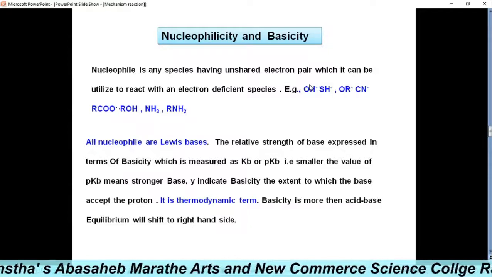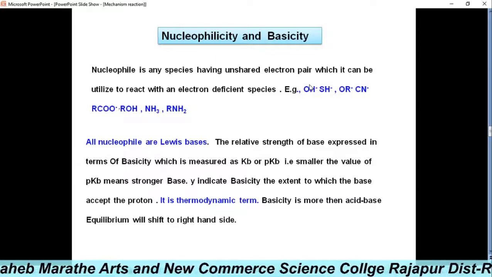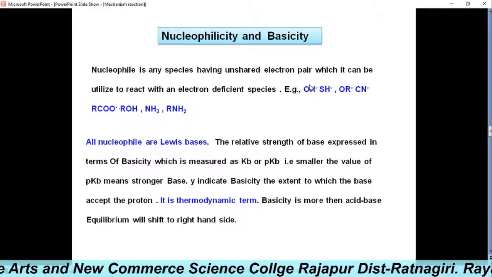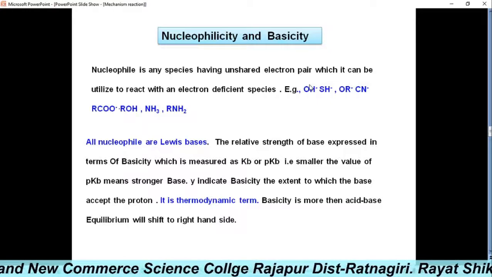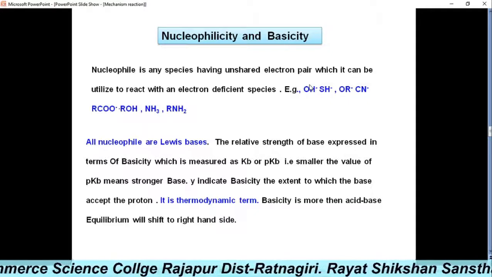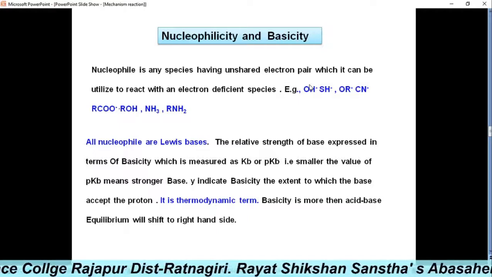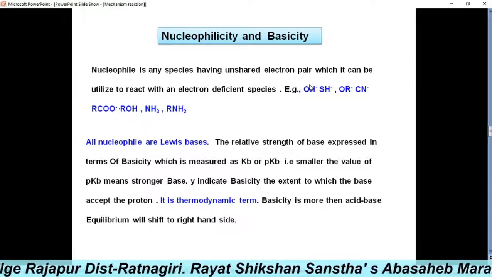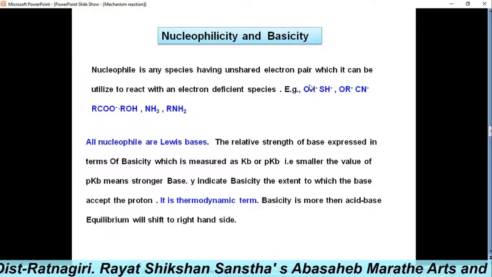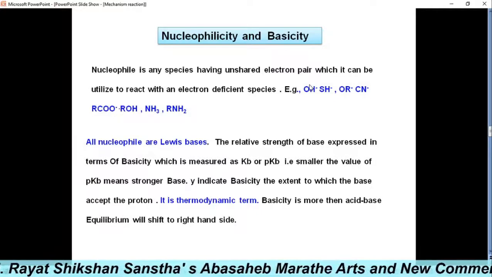We have seen the relative strength of a base, which is expressed in terms of basicity. Basicity is measured in terms of Kb or pKb. The smaller the value of pKb, the stronger the base. For example, ammonia has 4.7, which is a stronger base than pyridine, having 8.8.